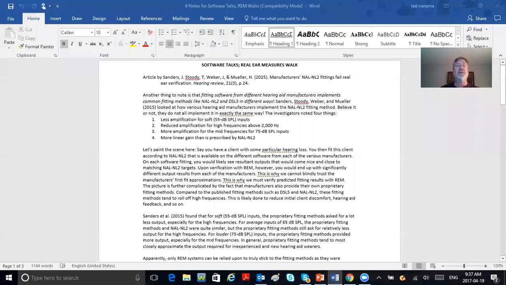Let me show you. Good old share screen. The new notes look like this. Software talks, real ear measures walk. Basically, it's what I read to you last week during our Zoom session. The whole first page really deals with one study, an article by Sanders, Studi, and Weber and Mueller.